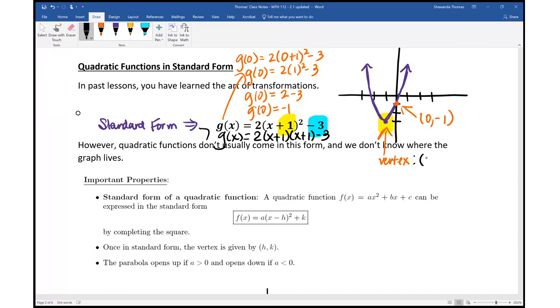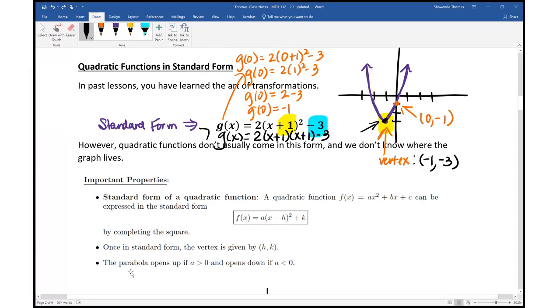It is opposite of +1, so -1, and keep -3. So is that point right there, -1, -3? Yes, it is -1, -3.